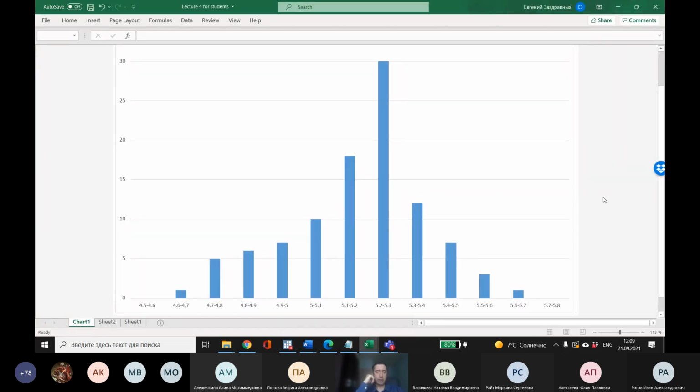Create this histogram and look what we have. Type plus if you are ready.